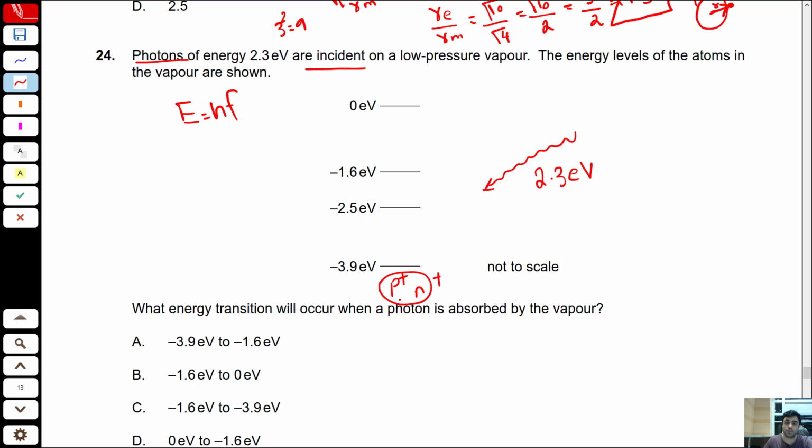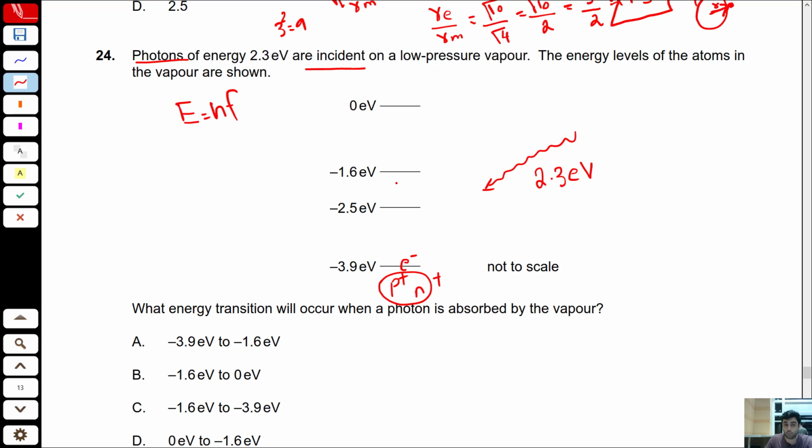So we just need to find the difference between the two shells, whose difference is exactly equal to 2.3 electron volt. Now, for example, if you have an electron at a lower energy level shell, negative 3.9, so if you look at the options, for example, option A, if the electron is at negative 3.9 electron volt, can it jump to negative 1.6?